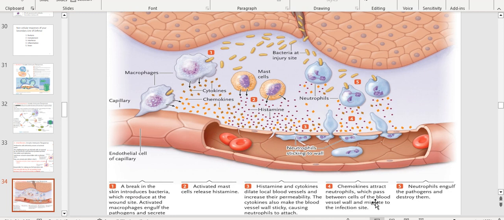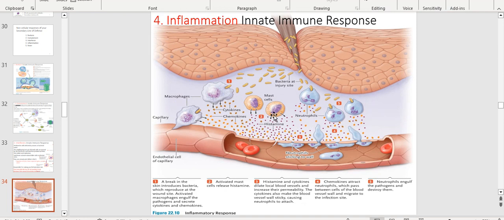Chemokines attract neutrophils, which pass between cells of the blood vessel walls and migrate to the infection site, and these neutrophils engulf the pathogens and destroy them. Welcome to the inflammation. And once all the bacteria are gone, everything dissipates and goes back to normal. The inflammation is dissipated.